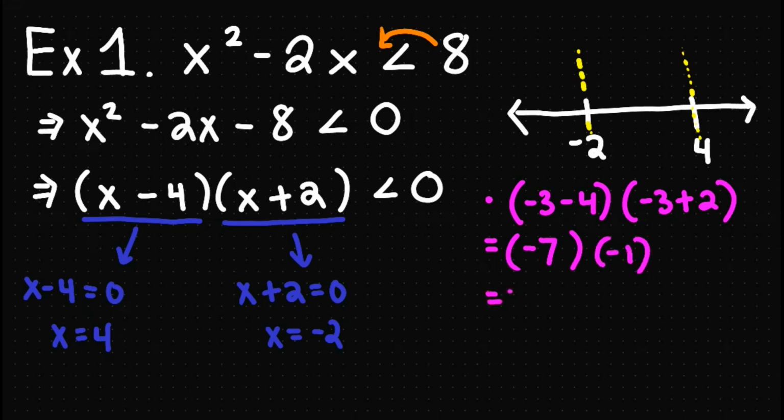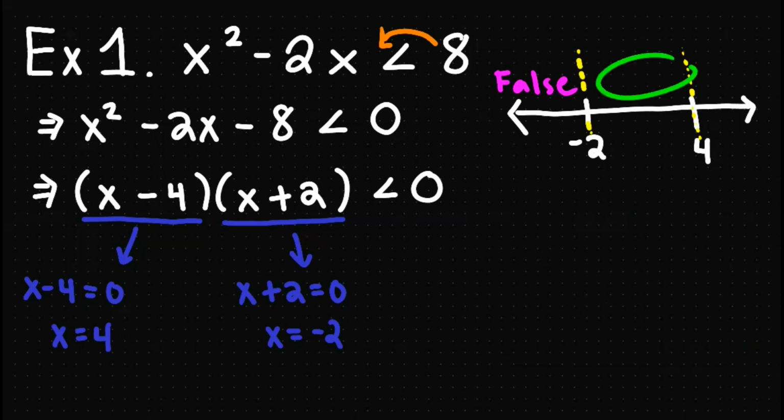Multiplying this will obtain 7, which is not less than 0. Therefore, the region out here is false, or we won't consider that in our final answer.